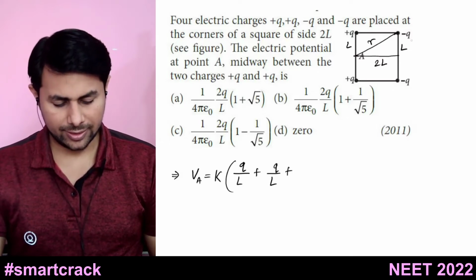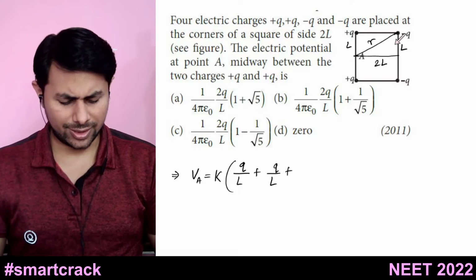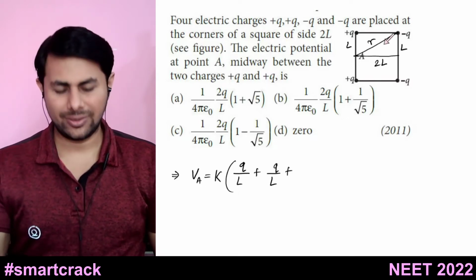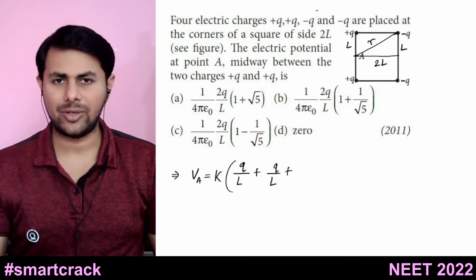And what is r? This is a right angle triangle, so r square equals this side square plus this side square, and r is the square root of that.